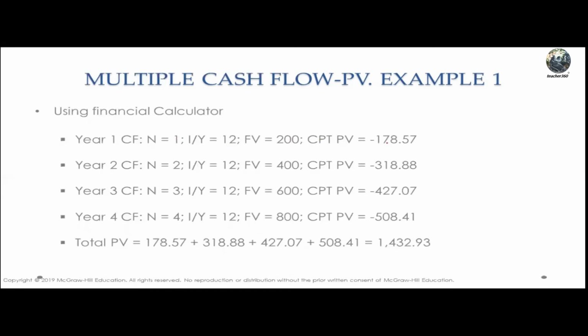You will get present value 178.57. Similarly, you can get the value in year 2, year 3, year 4. So your total value will be 1,432.93.